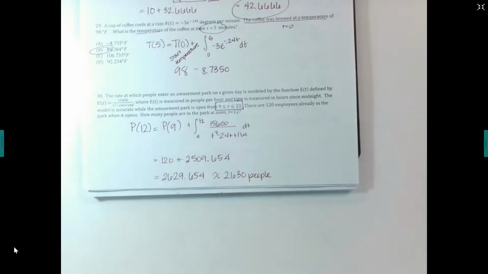If it's a 0.6, it rounds up. If it's a 0.4, you would round down. So if it's a real AP question, it will say to the nearest whole number, what is the number of people in the park? And you would round your decimal, whether it's 5 or above or 4 and below.